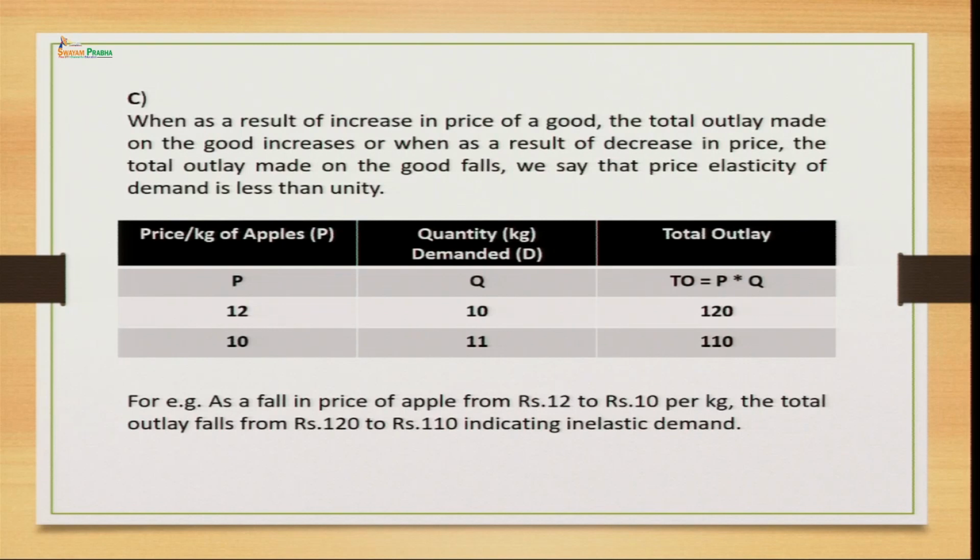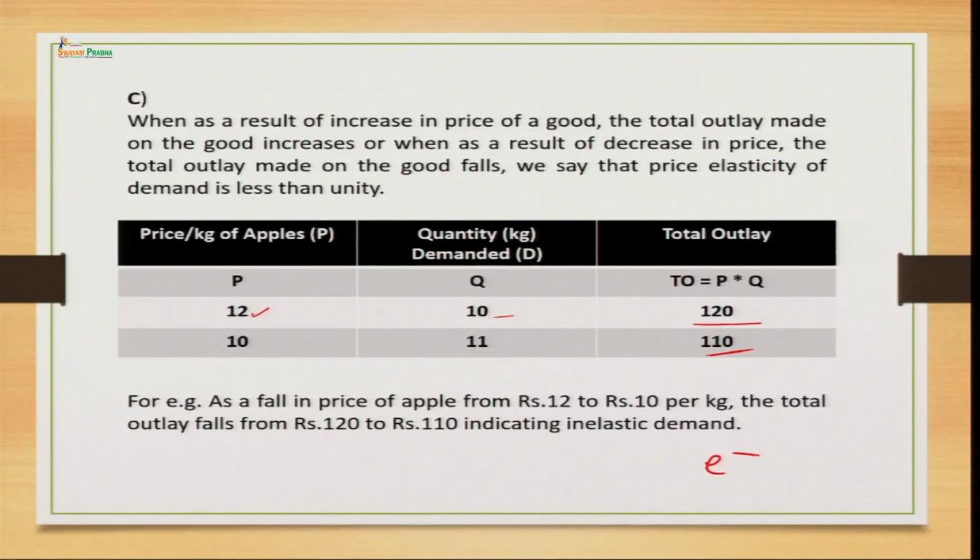Moving ahead, we have this third point to understand whether the product is of elastic or inelastic nature. Again, we have taken the same example. At price 12, people were demanding 10 kgs of apple, where the total outlay was 120. Price reduced to 10 rupees, quantity demanded increased, but the increase is very little, and total outlay reduced to 110. That means a more change in the price causes a lesser change in the quantity demanded.